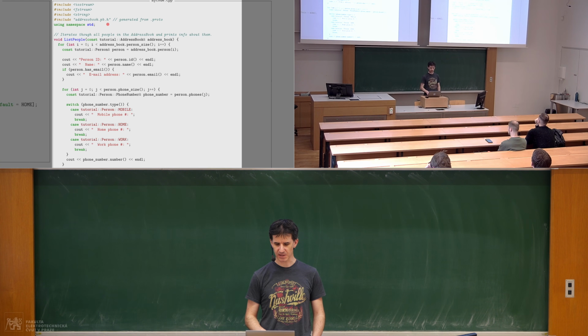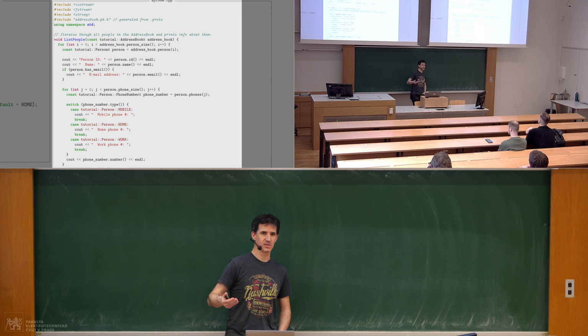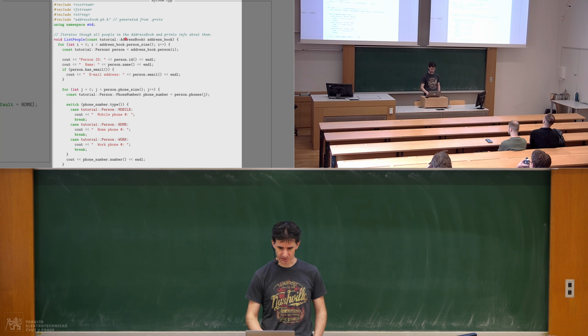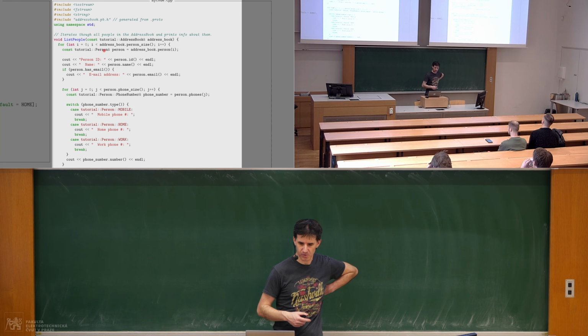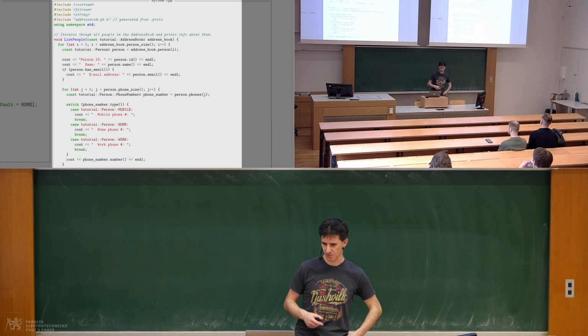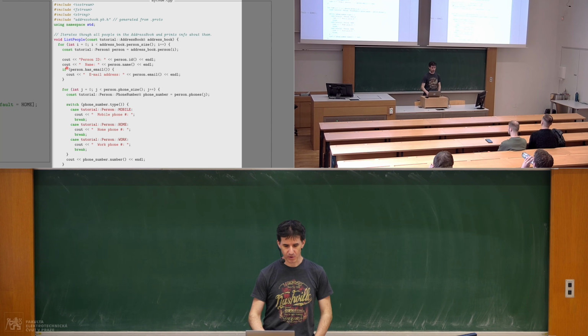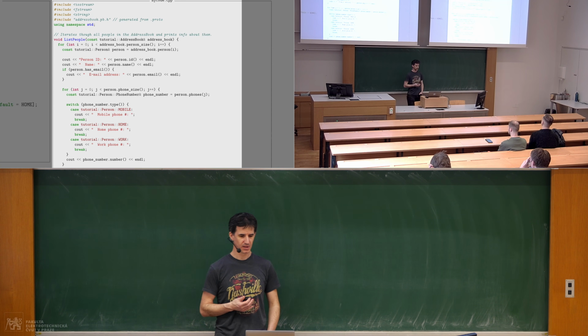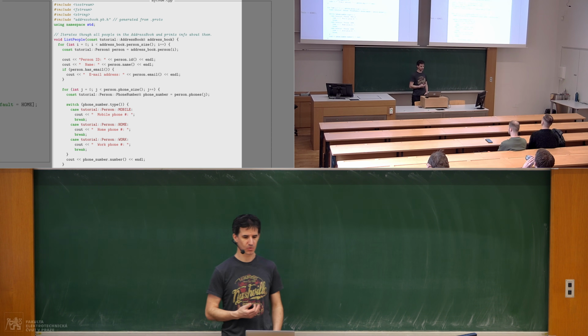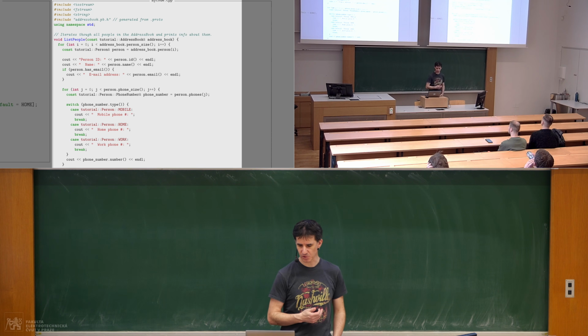So you include that automatically generated file. This defines several types like address book and person, so you don't have to define them yourself. They are already defined in the protobuf definition. And then you can work with those data types as with other objects. There are methods on those types which you can call.